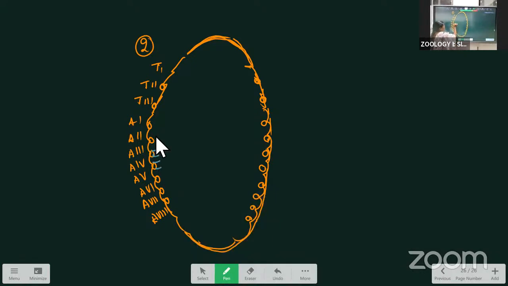This one is the atrium. Spiracles open into the atrium.